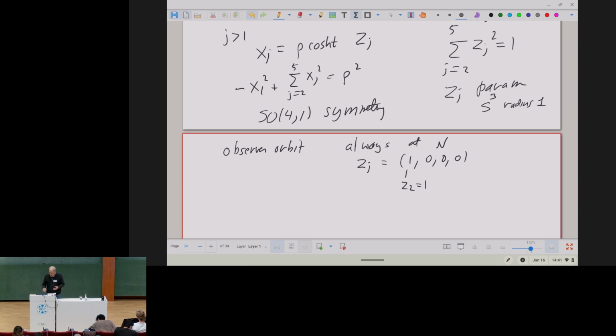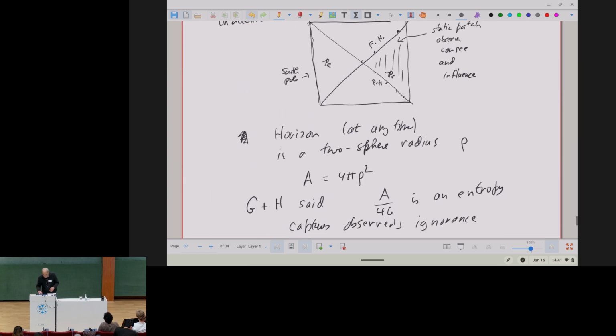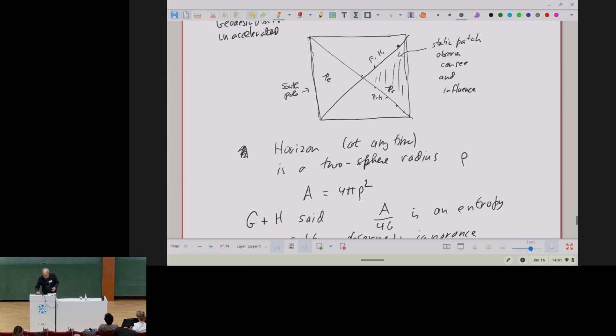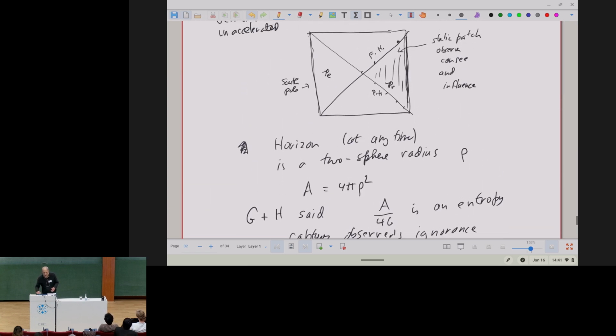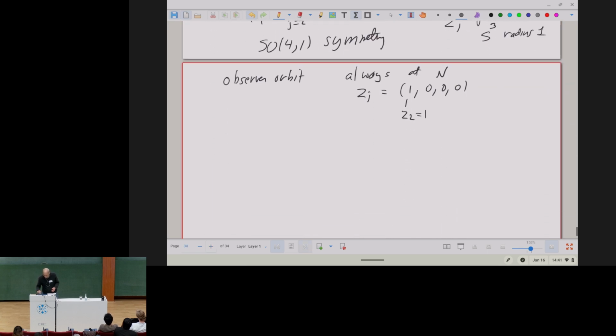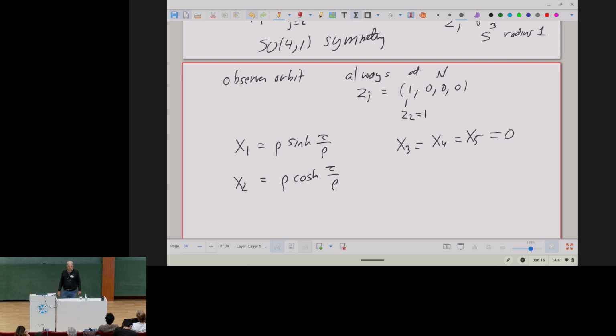That observer, well, with the right choice of the coordinates, is our geodesic observer who, in the other description, lives on the right boundary of the Penrose diagram. So with that choice, the observer orbit, so that's our observer orbit in the manifestly symmetrical situation.